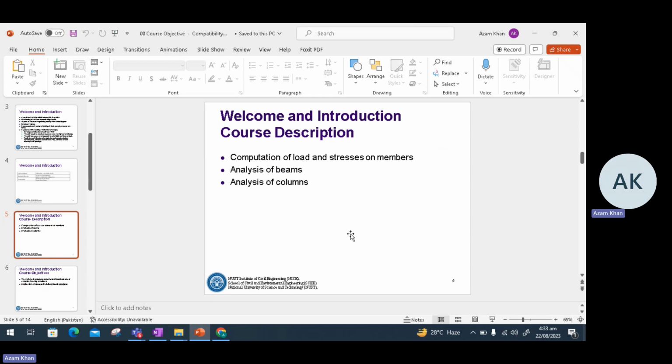We'll discuss the flow of stresses in beams, columns, and how to analyze those stresses, get maximum stresses, and different ways of determining stresses, their practical implications, and lots of interesting things will come.